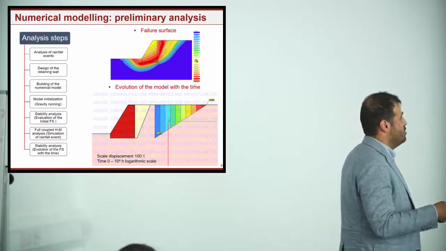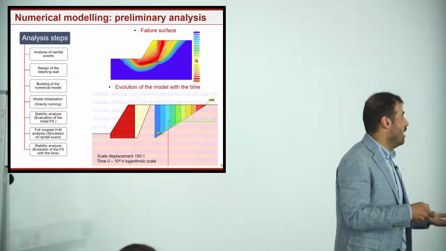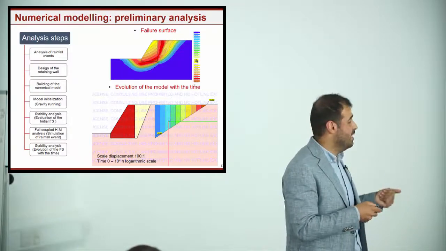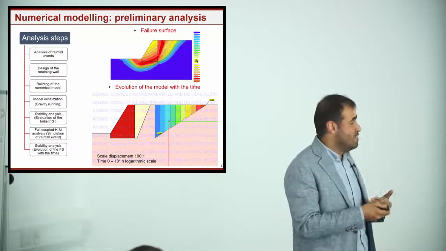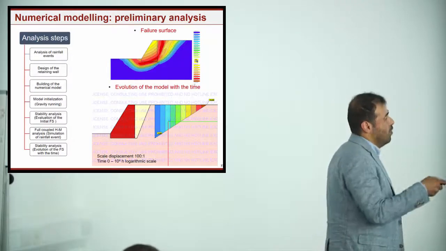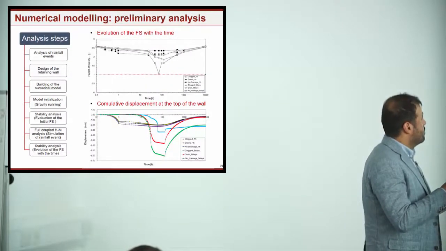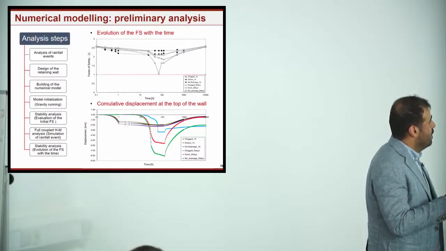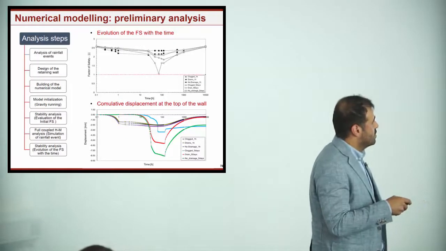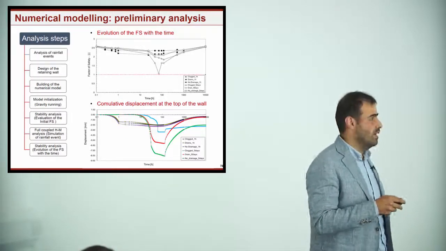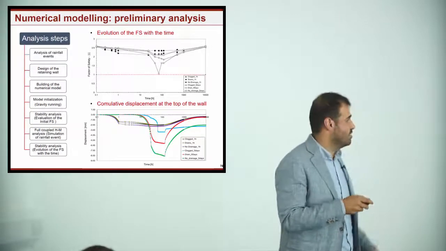With this approach, with respect to the analytical one, we could have an estimation, a measure of the factor of safety, and also a measure of the displacement of the wall for all the scenarios that I considered. The factor of safety reduces with time, and the lowest value, closest to failure, we got, of course, for the condition of the wall where the drains were clogged.